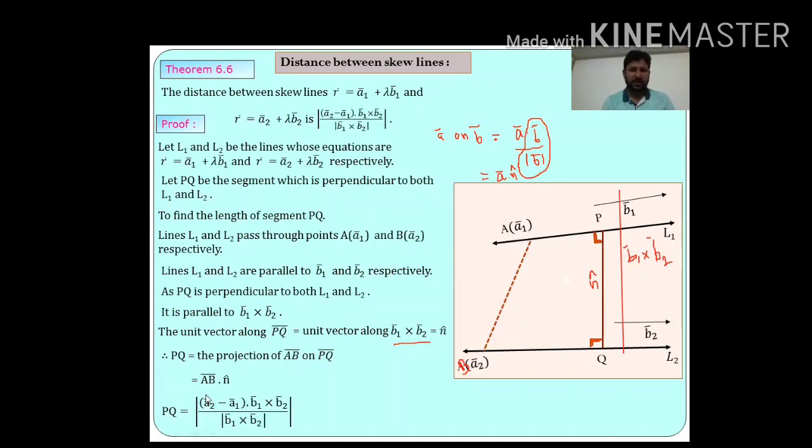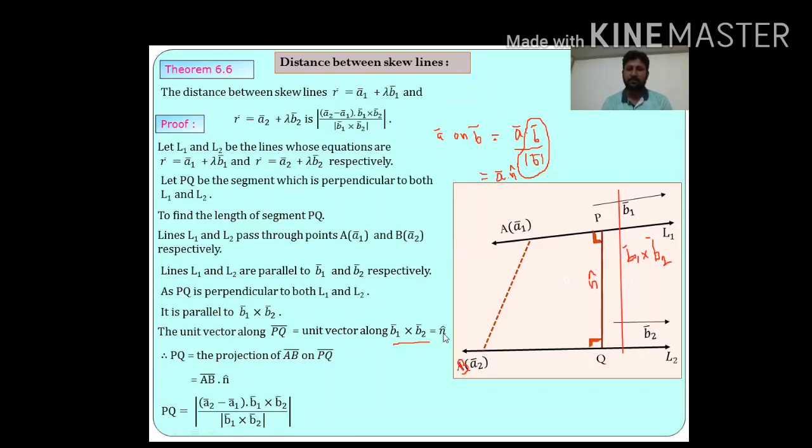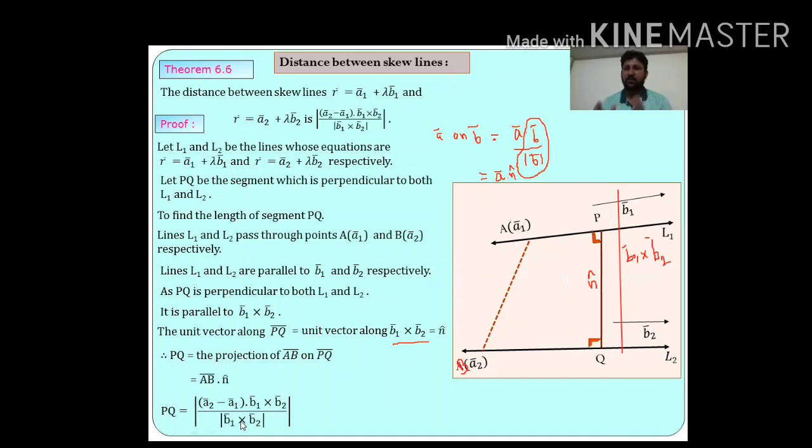Check this: A2 bar minus A1 bar. The n cap value is B1 bar cross B2 bar divided by the magnitude of B1 bar cross B2 bar. I have written here simply the vector n cap. This is the resultant formula to get the length of the perpendicular between those skew lines.